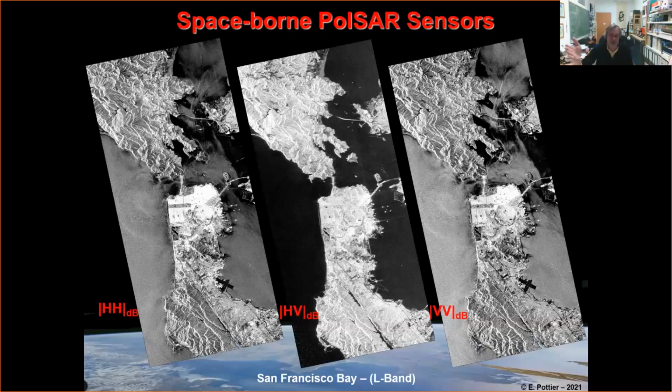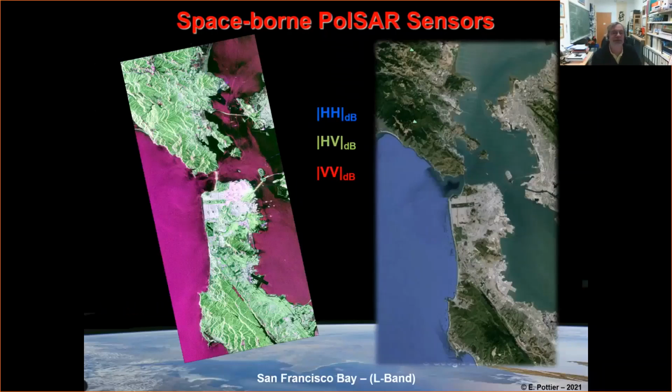This is why VV is brighter compared to HH. So the sea surface is more sensitive to vertical polarization compared to horizontal polarization. Okay, so we can continue.